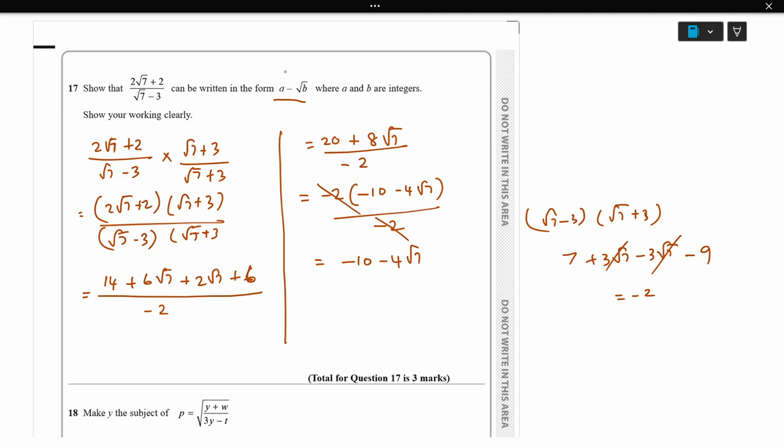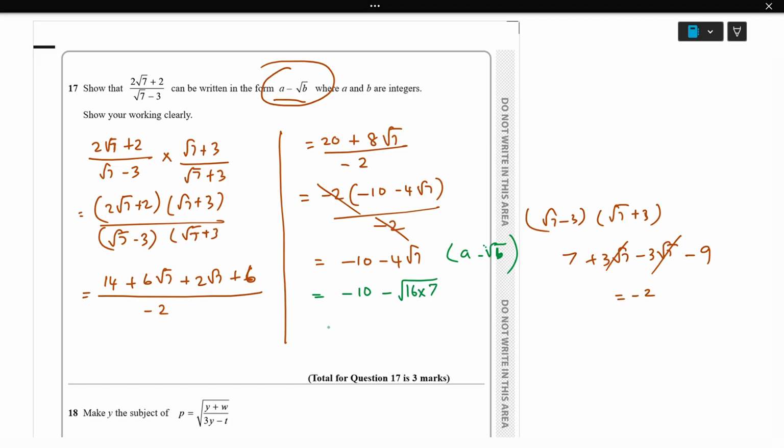But we need this form, a minus root b. Outside there is no integer, so we have to bring the 4 inside the square root. When the 4 goes inside, it becomes 16.